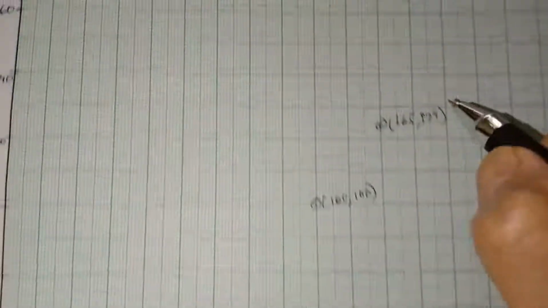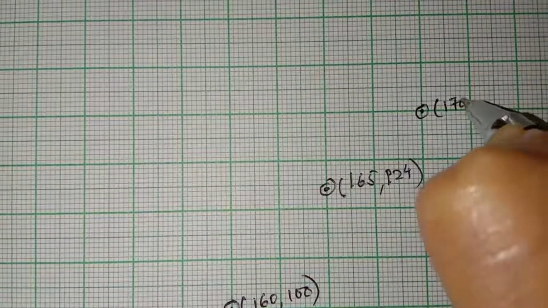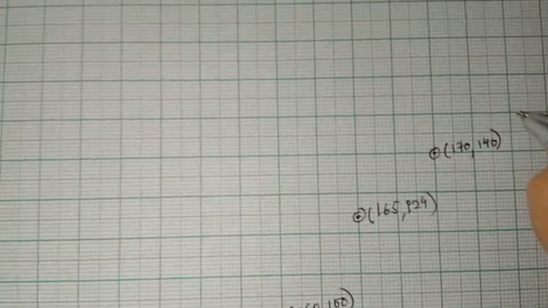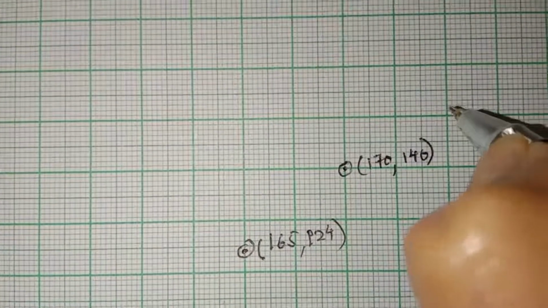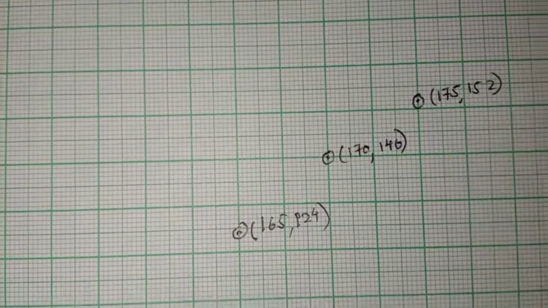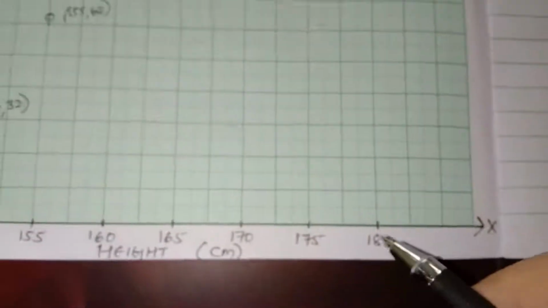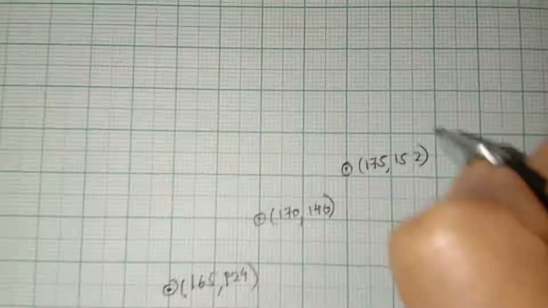Here is 140. That is 170 comma 140. Now next is 175 comma 152. This one is 150, this is 152. That is 175 comma 152. Now our last one is 180 comma 160. So 160 is here.